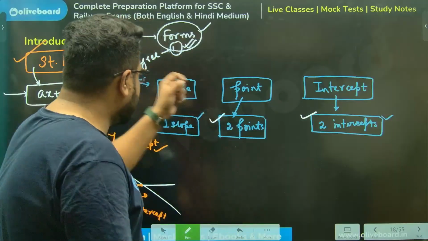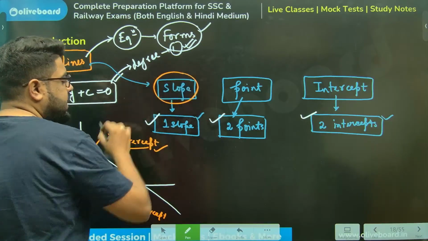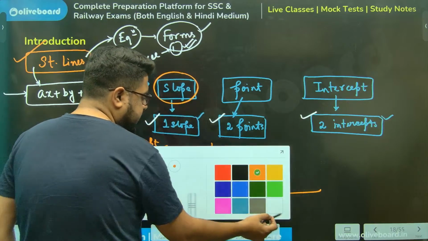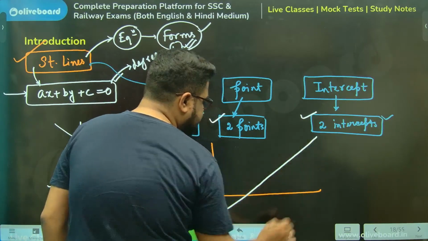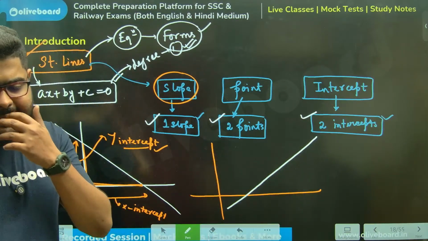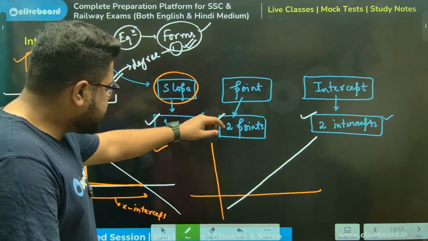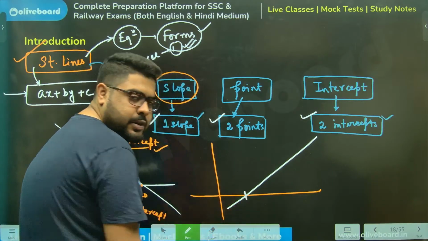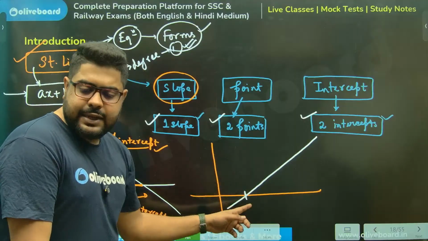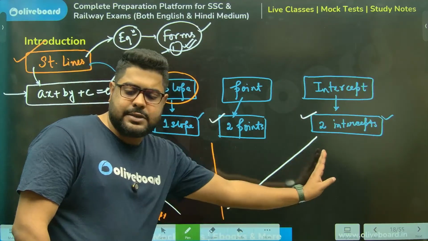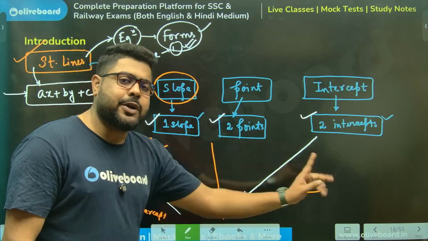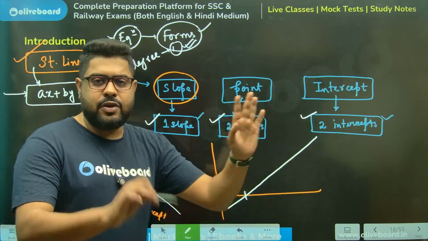Now, what is slope? If you don't know, see, let's say there is a straight line like this. Wherever it intersects the x-axis, from that point, right is the positive x-axis, left is the negative x-axis. From that straight line's point of view, not from the universal point of view.